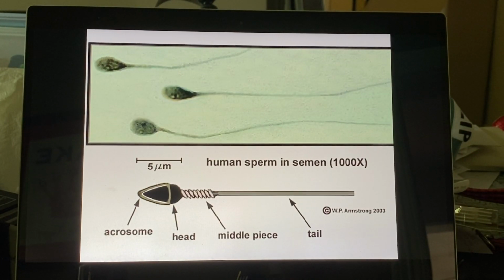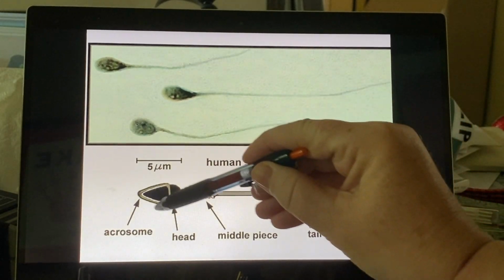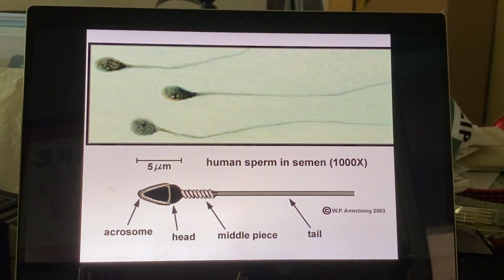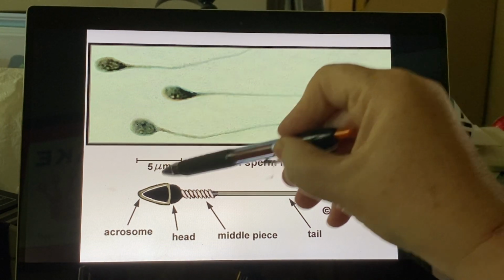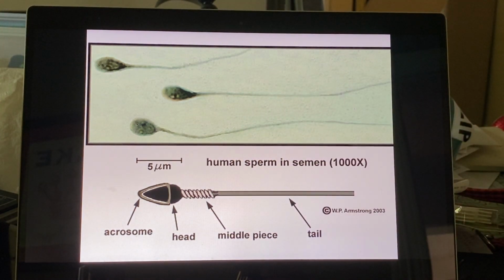Okay, so the anatomy of a typical sperm cell is as follows. Up here, this is the sperm head, okay? And that is where all of Dad's DNA is. At the very tip, you have a cluster of enzymes called the acrosome.